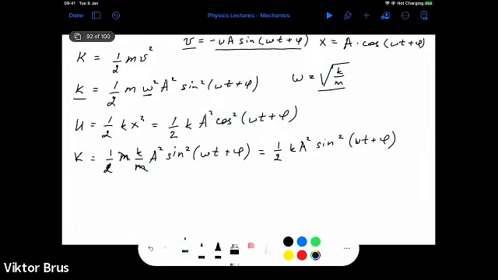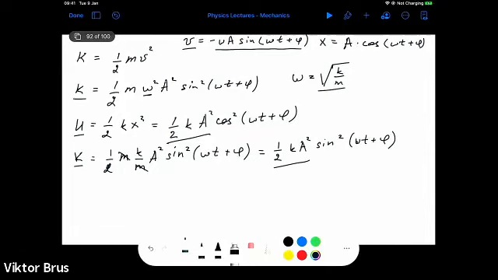Okay, now we see that the constants before cosine and sine for potential energy and kinetic energy are the same.